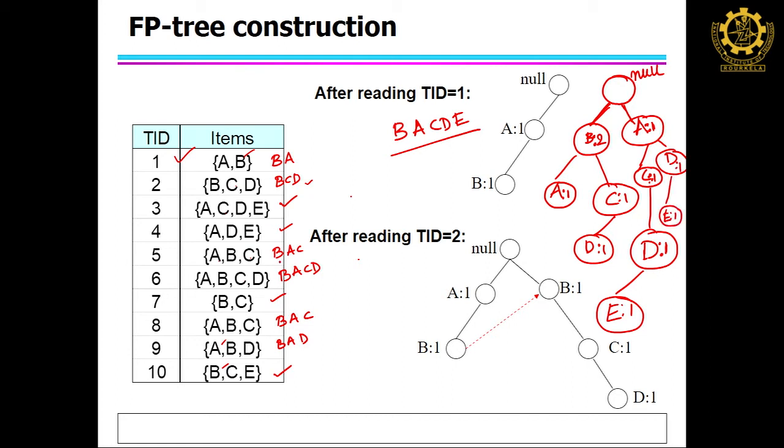Next is B A C. So, starting is B, then A and then C. C is 1, but this will be incremented, this will be 3.